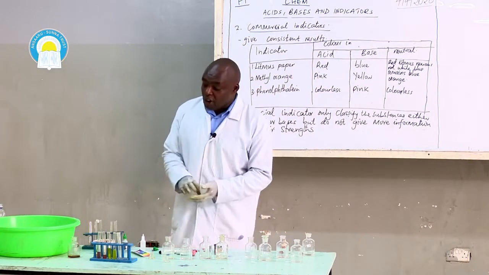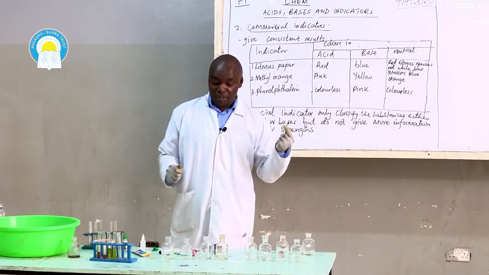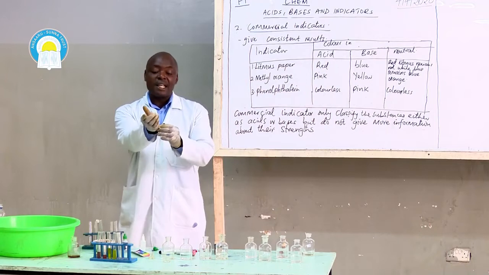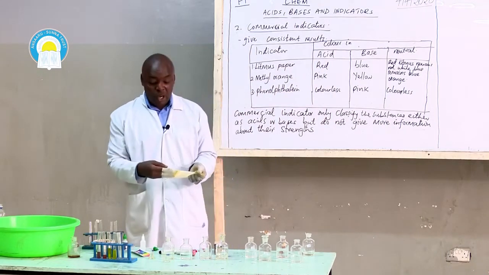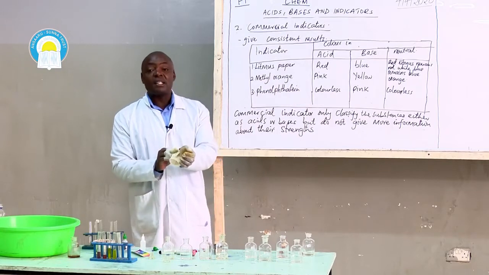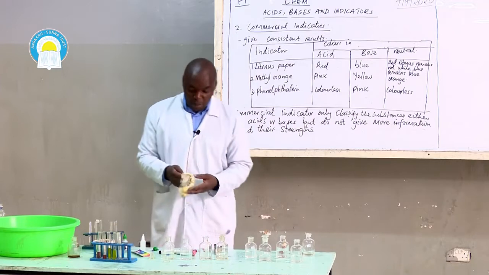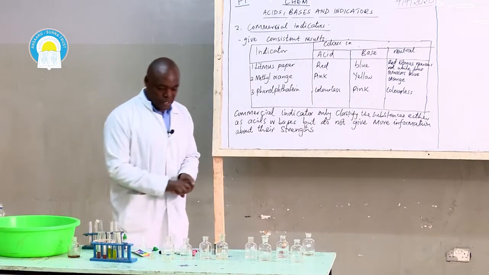But they are not the same in terms of the strength of the acids or bases. So the commercial indicators will only classify them. They give the two extremes, that is, it is either an acid or a base, but they do not provide more information about the strength.